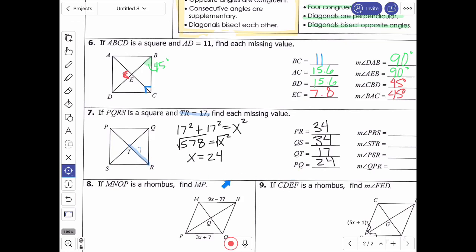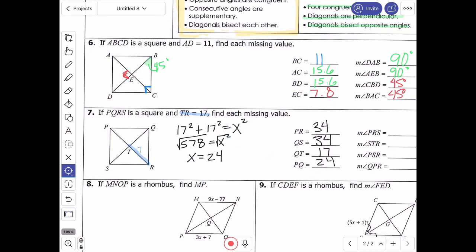And PQ was the outside perimeter side of the square. To find that side, I had to use the Pythagorean theorem, knowing that half of the diagonal would be 17 for this side and 17 again for this side. And remember that this is creating that right angle, making PQ your hypotenuse that you're trying to solve for.